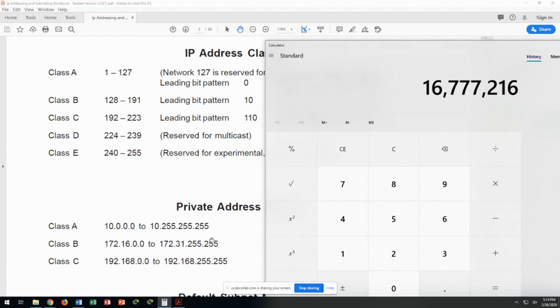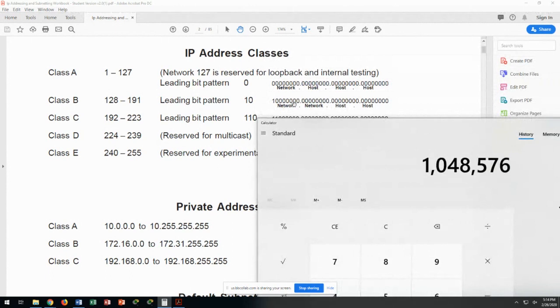If we wanted to see how many IPs we have there, we have 256 times 256 times 16, about 1,048,576. However, with a Class B, the first 2 digits are the network. Because the numbers are different, they're different networks.